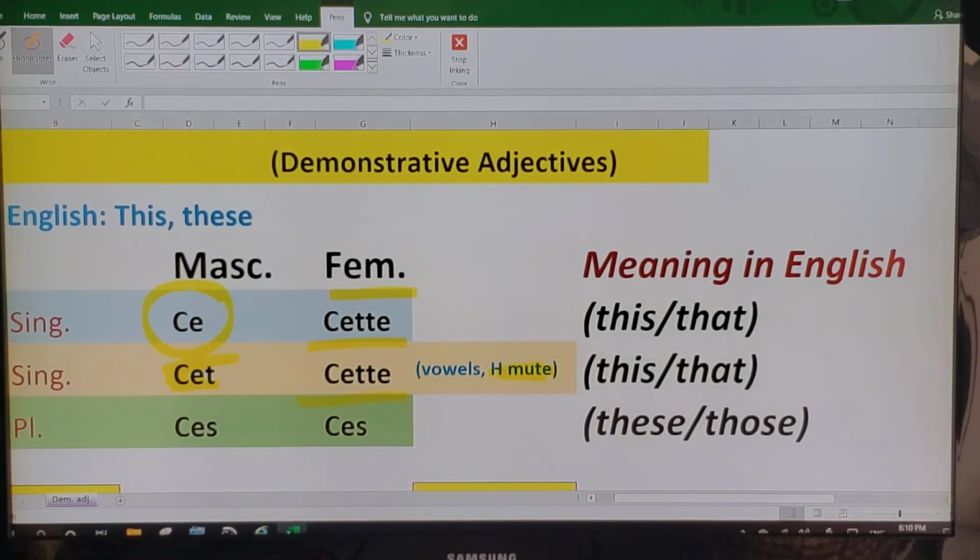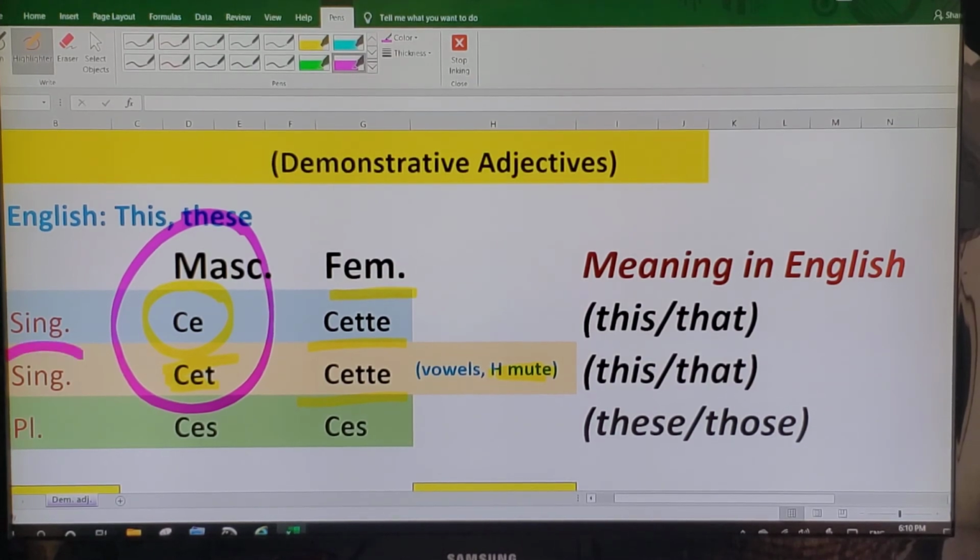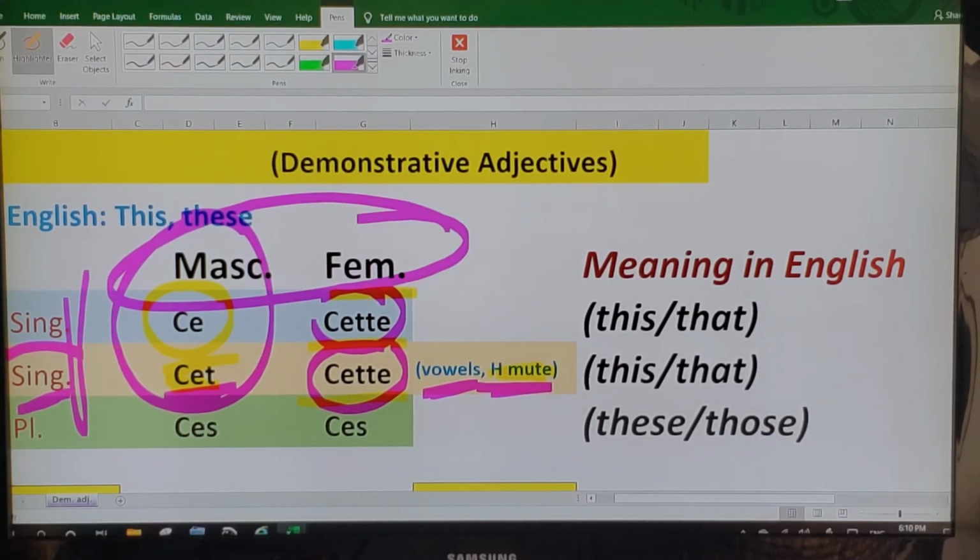It's only for the masculine that it makes a difference, because for a masculine singular beginning with H mute, we use cet. And likewise for any noun beginning with a vowel too, right? Masculine singular vowel. Whereas for feminine, we continue to use cette. So this is something that you need to keep in mind, right? And be careful when we use the demonstrative adjectives, because like I said, it has to agree with the number as well as the gender.